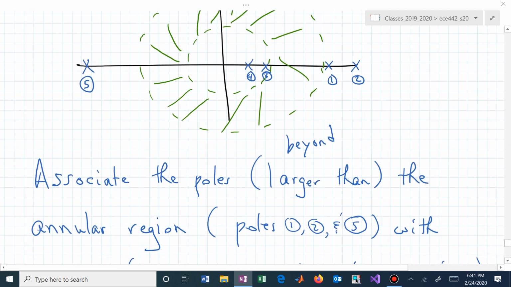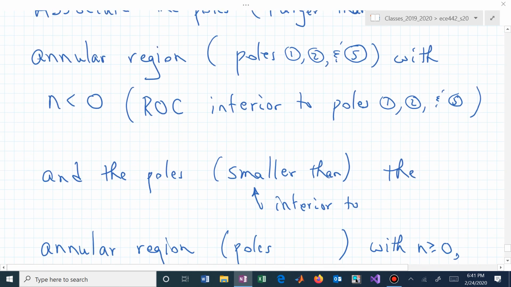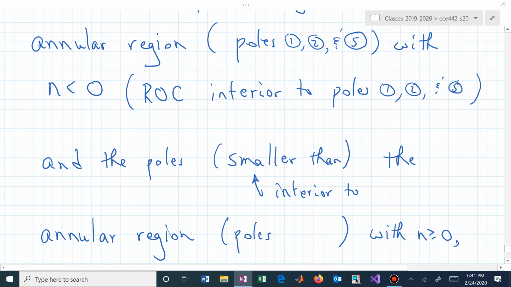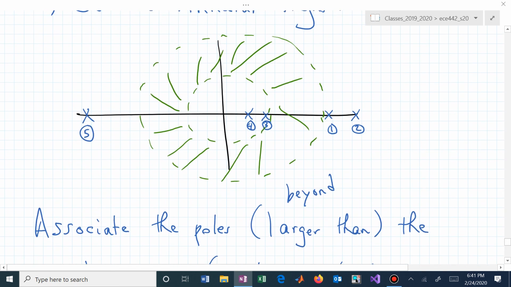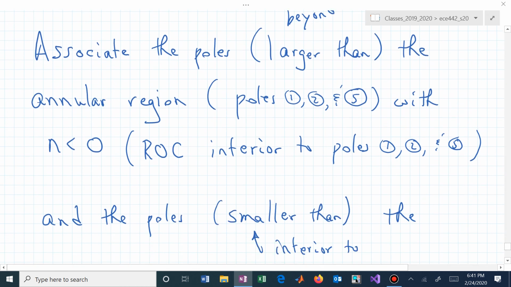And if somebody labeled those specific poles or gave them specific locations, you would now say, oh, pole number 1, let's say that's at 2. That's 2 to the n, and we know what n is defined for. n is now negative. And the poles smaller than or interior to the annular region are which poles? 3 and 4.